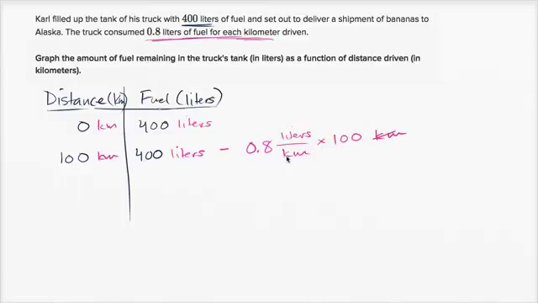Same thing, kilometers divided by kilometers, and we are left with 400 liters minus 0.8 liters times 100. That's just 400 liters, which is how much he started with, minus 0.8 of 100, which is 80 liters. So 400 liters minus 80 liters is 320 liters. So when he has traveled 100 kilometers, he will have 320 liters left in his tank.